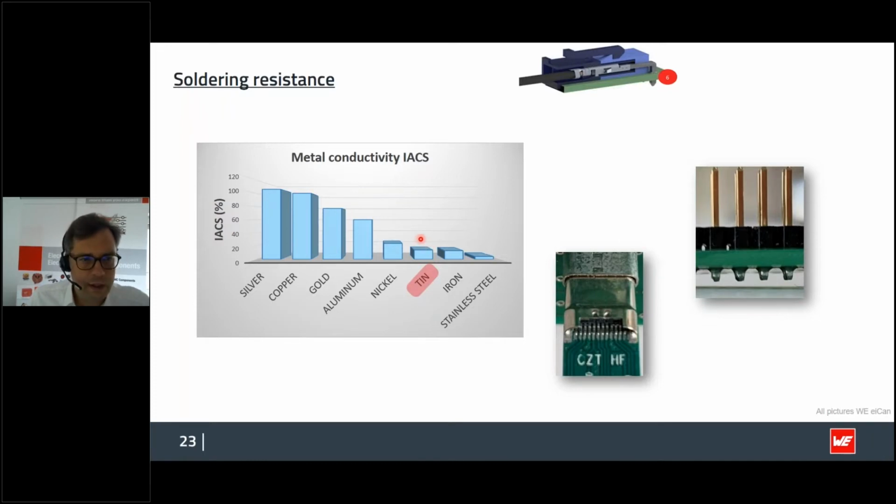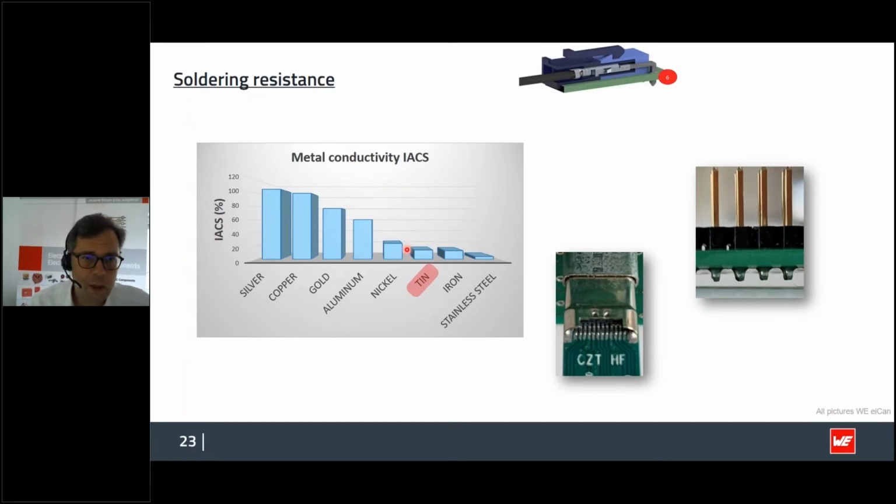What you can see here in the chart is that tin has not such a good conductivity. For tin, in comparison to copper, we can estimate around 15% metal conductivity.